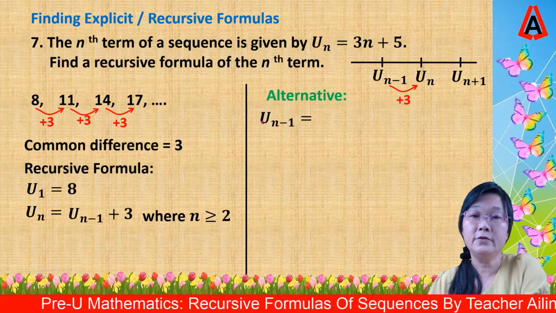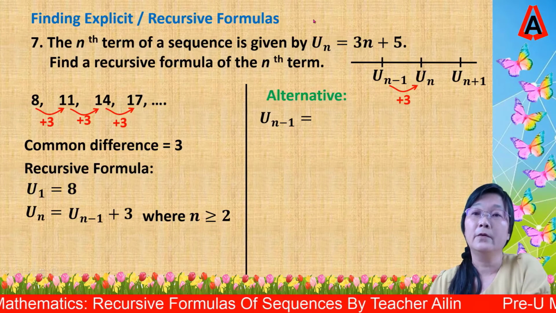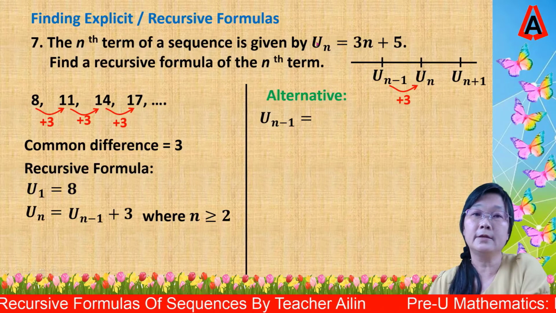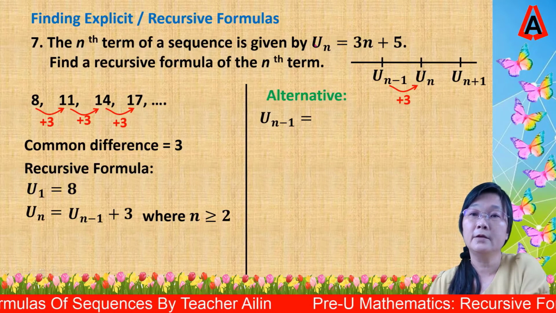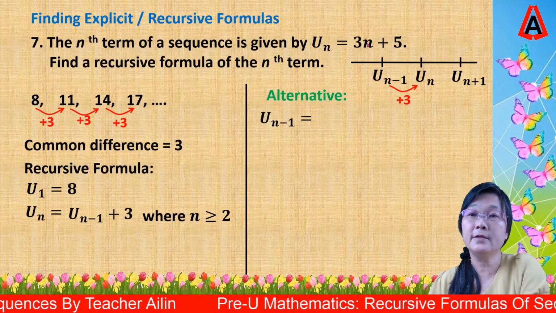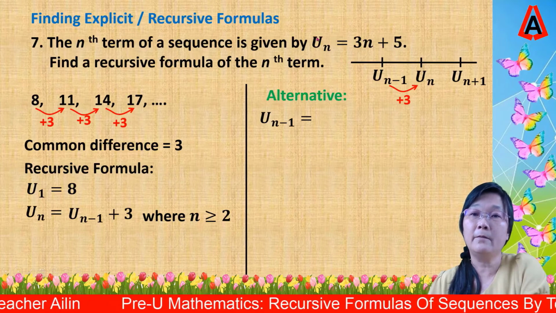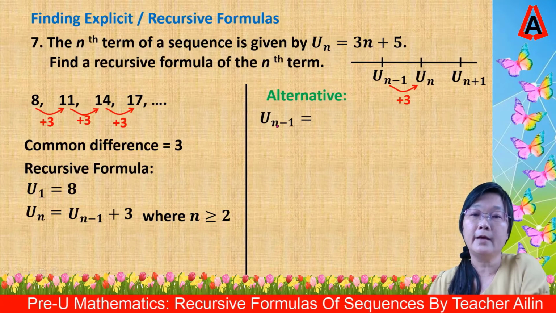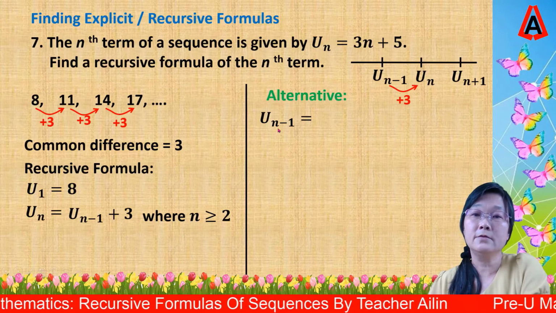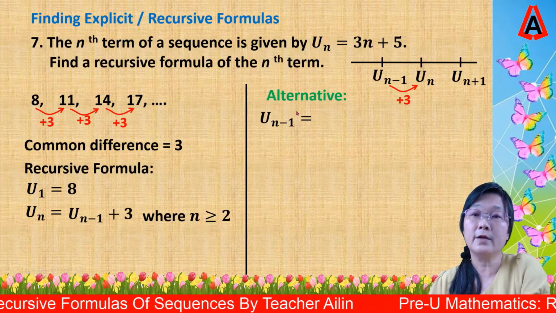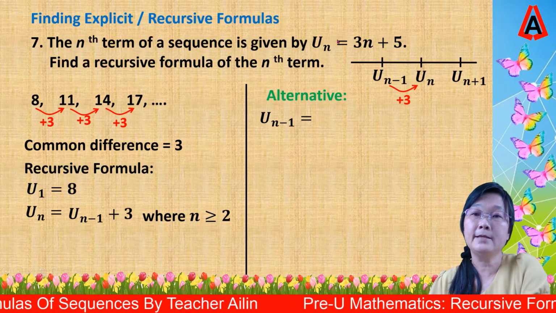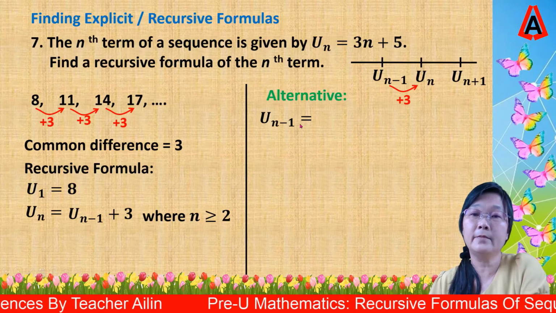To find un minus 1, we base it on the explicit formula un equals 3n plus 5. To find un minus 1, we simply replace the original n with n minus 1.